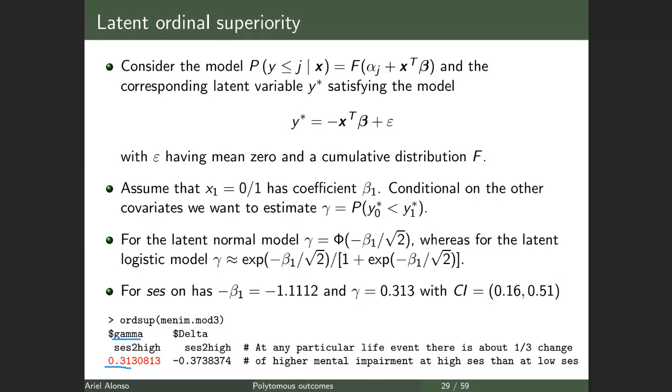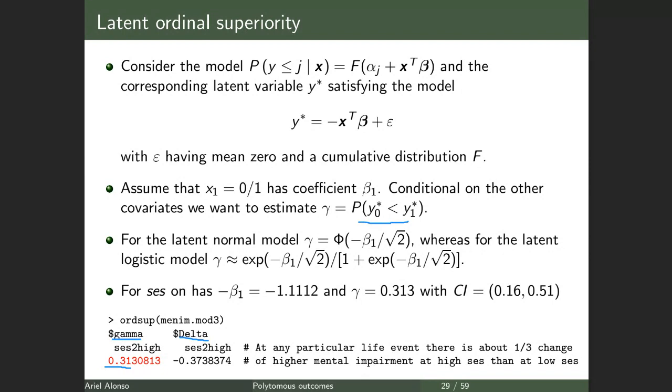So you can calculate that really people that are in the higher economical class have less chances of having mental problems than people that are in the low economical class. Now you get another parameter here, which is the delta parameter. I didn't define it here, but this delta parameter is the probability minus the probability of the opposite.